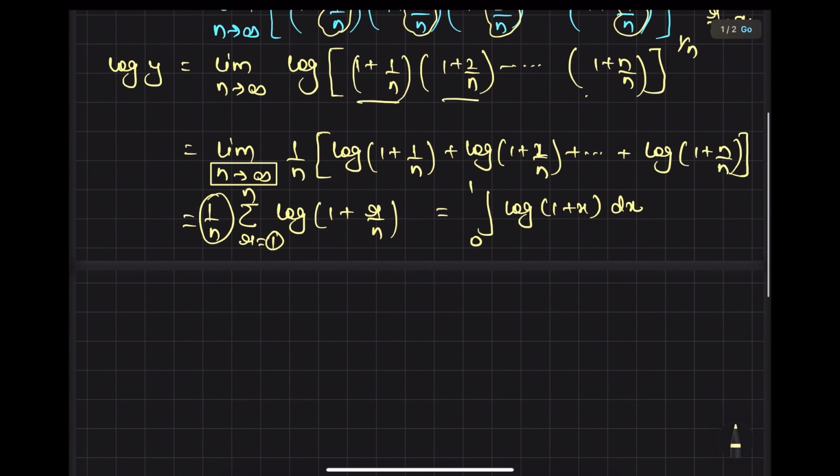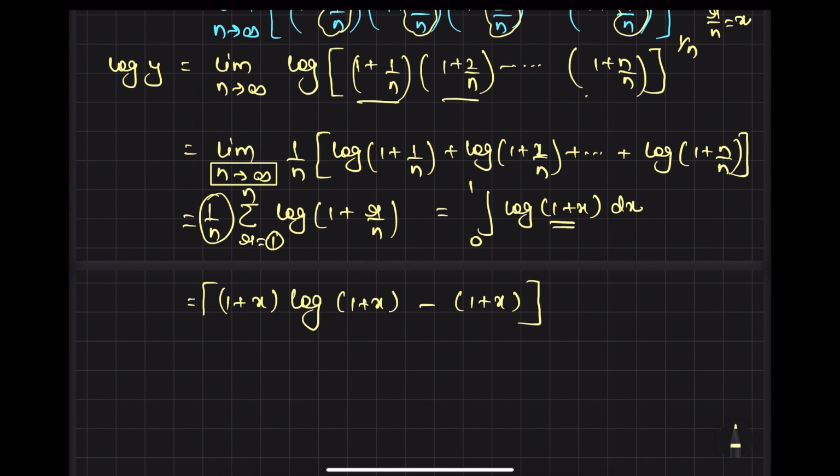You know that the integration of log x is x log x minus x. So here x is what? 1 plus x. So it is (1 plus x) log (1 plus x) minus (1 plus x). This will be the integration. Now you can substitute the limits. If you substitute the upper limit, you will be left with 2 log 2 minus 2.